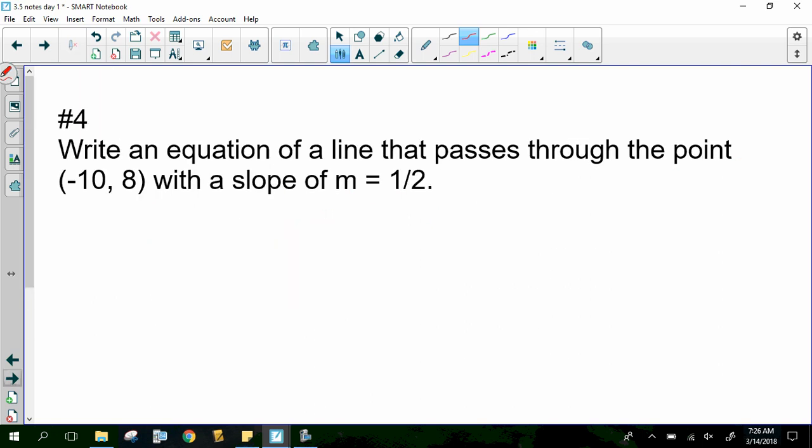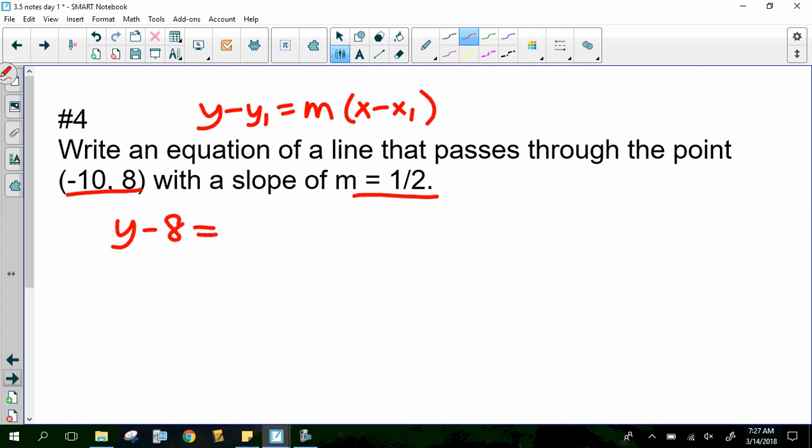Write an equation of a line that passes through the point -10, 8 with a slope m of 1/2. So again, this is the same thing. So y minus y1 equals m times x minus x1. We're given a point and we're given the slope. So y minus 8 equals positive 1/2 times x minus -10.